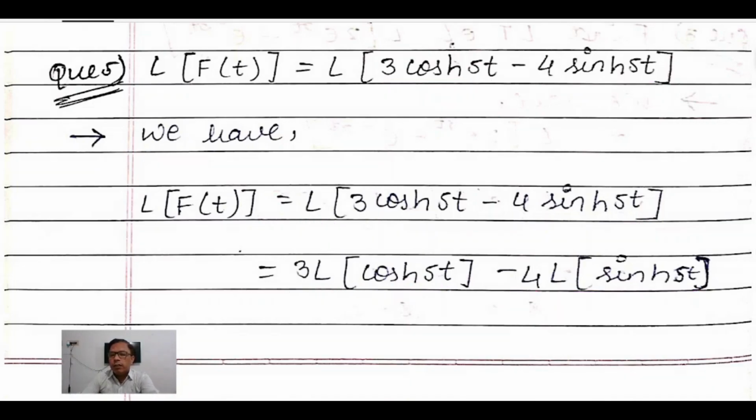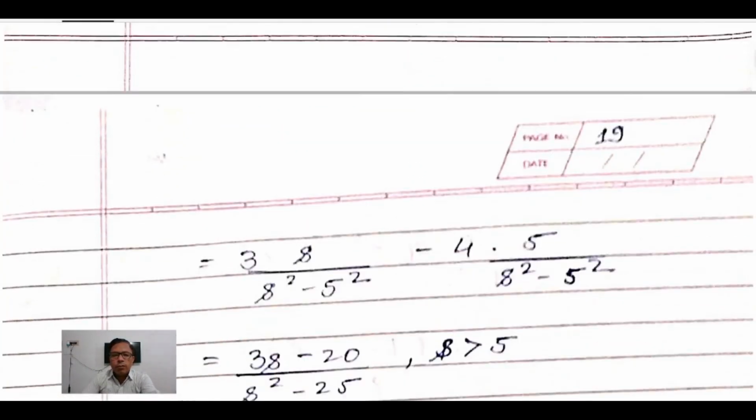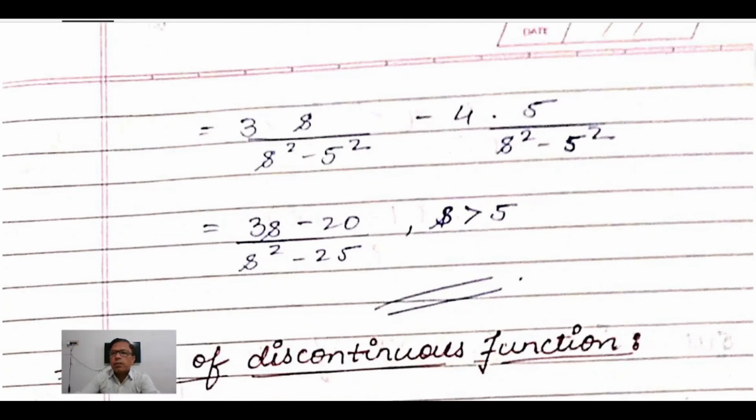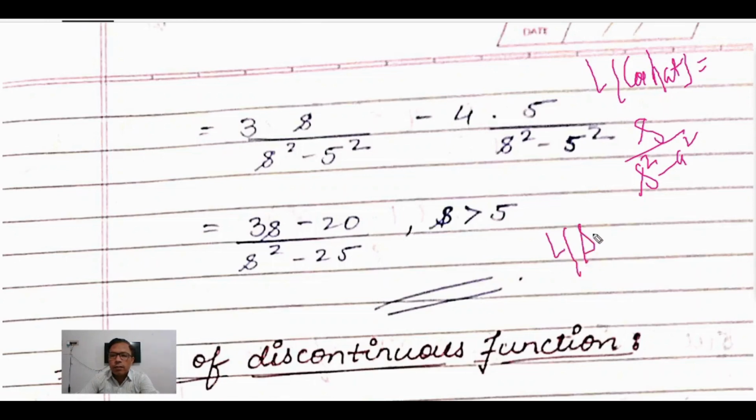And we know the formulas: Laplace of cos hyperbolic at equals s upon s square minus a square, and Laplace of sin hyperbolic at equals a upon s square minus a square.